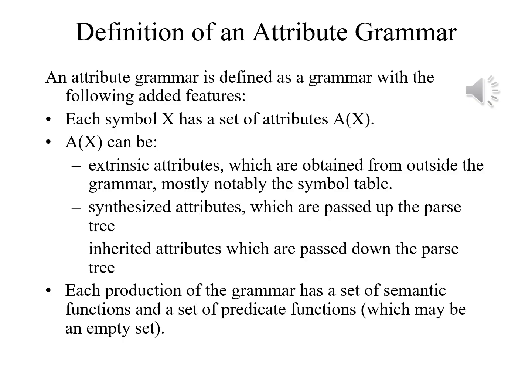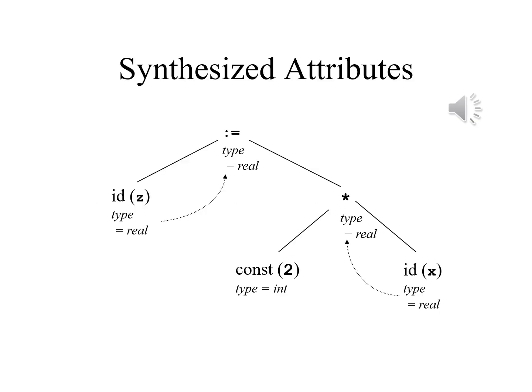And inherited attributes, which are passed down the parse tree. Each production of the grammar has a set of semantic functions and a set of predicate functions, which may be an empty set.